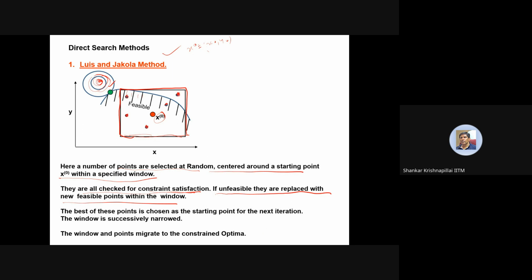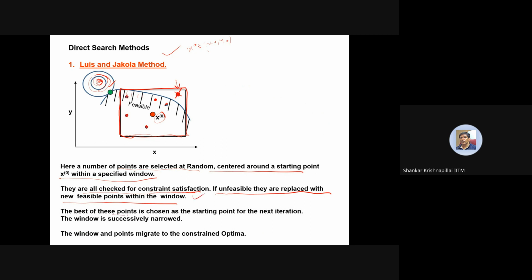If any infeasible point is there, it is replaced with a new feasible point within the window. So this is an infeasible point. You have to eliminate this point and try again until you get a new point inside the feasible region. That is the second step.